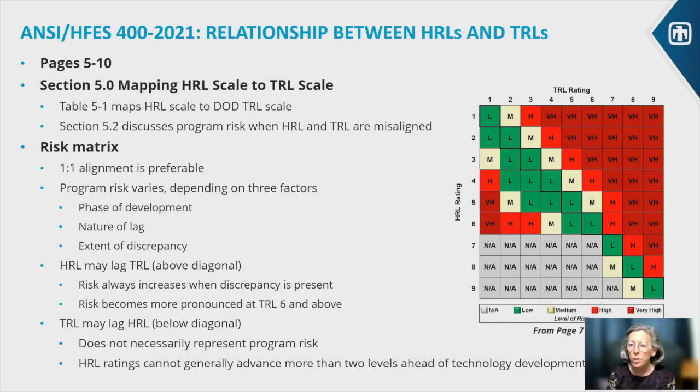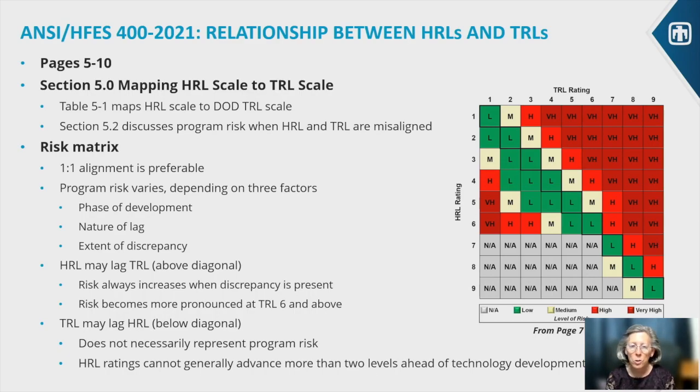Okay, relationship between the HRLs and the TRLs. So what we did here in section 5, we mapped the HRL scale to the TRL scale using several different major acquisition processes. So we used the DoD mapping, we used the Department of Energy mapping.